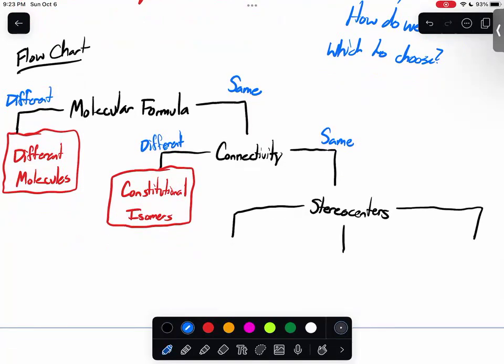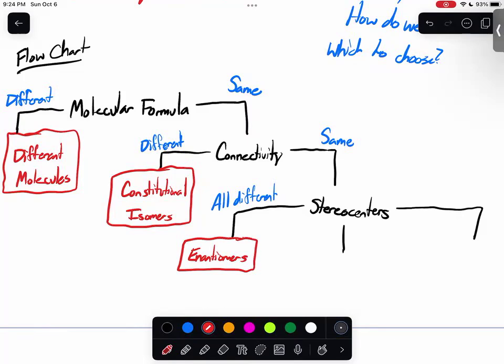So for the split to the left, we're going to keep it similar to our previous splits, where all of them are different, right? If the stereocenters have all been changed, that's the definition we used previously for enantiomers, right? We said that they are non-superimposable mirror images, but they are also where all of the stereocenters have swapped.